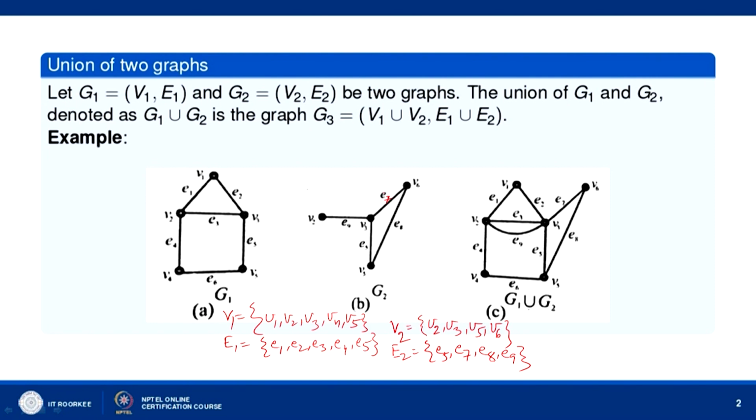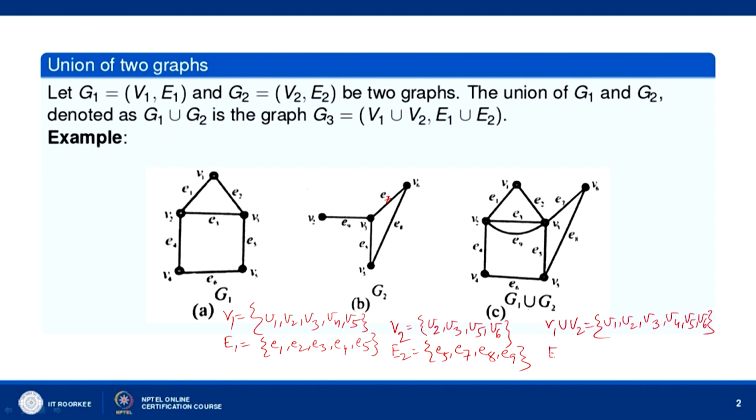So, when we consider V1 union V2, it will be the union of the set of vertices of V1 and V2. So, V2, V3, V5, V6. V6 will be added because V2, V3, V5 are already there. So, V1 union V2 will be the set V1, V2, V3, V4, V5, V6.